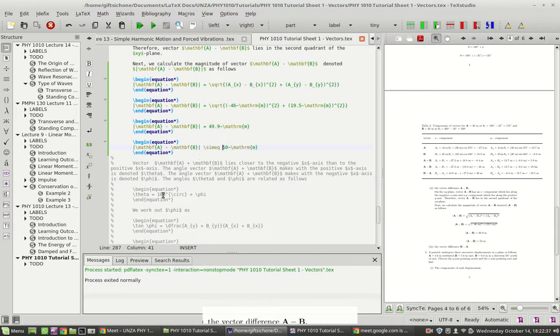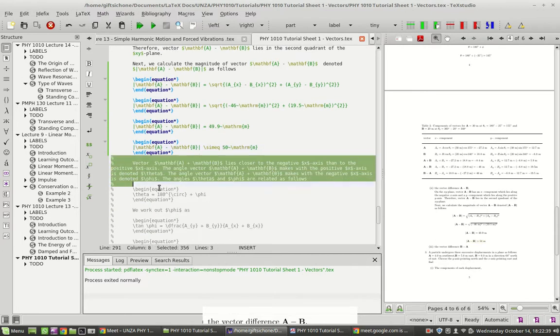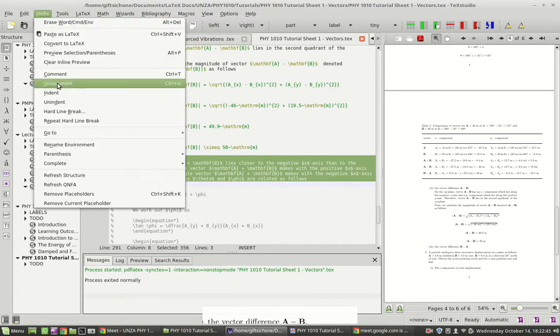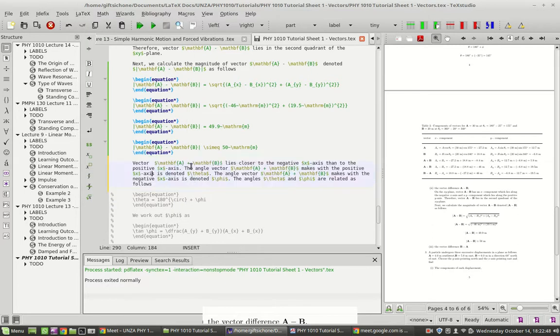Okay, so the other bit is, since our vector is in the second quadrant, it lies much closer to the negative x-axis than it lies to the positive x-axis. The same argument we used before. Therefore, we can measure two angles.